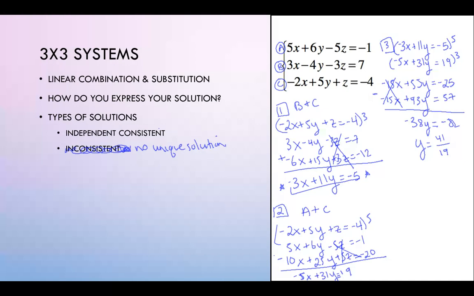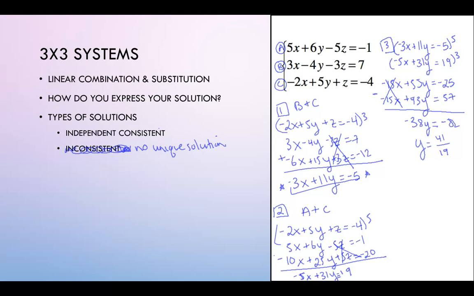And I wanted to get rid of z again, so I multiplied by 5. Negative 10x plus 25y plus 5z equals negative 20. And I had to add them, right? So 5 plus negative 10 is negative 5. 6 plus 25 gave me 31.